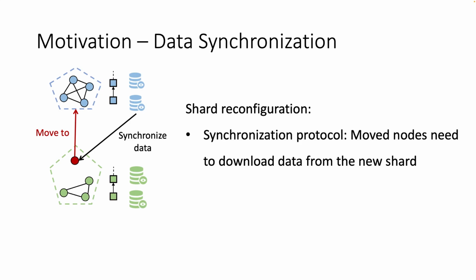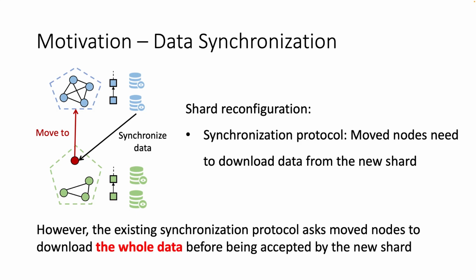Here comes one important thing. In these procedures, how do the moved nodes synchronize the data? Once they are assigned to another shard, they have to download the whole data of the new shard in order to verify transactions.